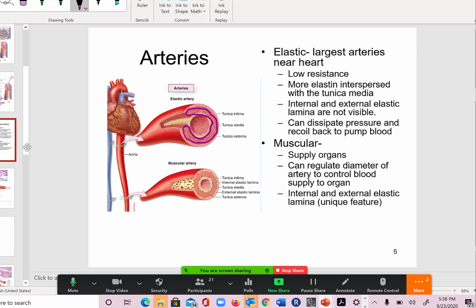Muscular arteries have their elastic tissue in lamina. Lamina means sheets. Tunica means layers. So we have an internal elastic lamina, and we have an external elastic lamina.